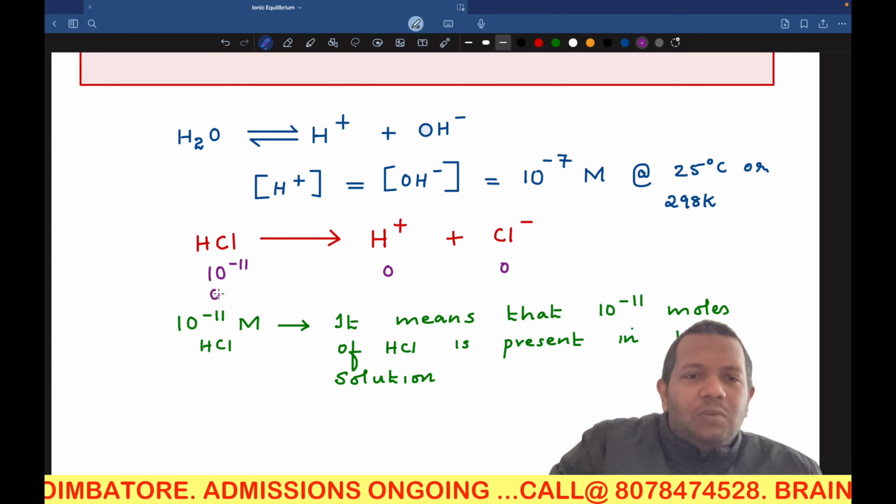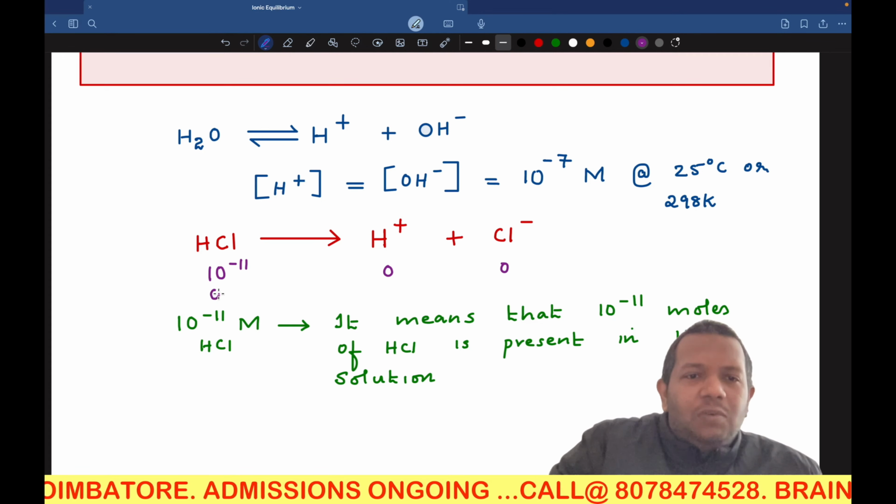So we can finally say the total H plus ion concentration, tell me, would be the H plus ion concentration present in HCl plus the H plus ion concentration due to water.